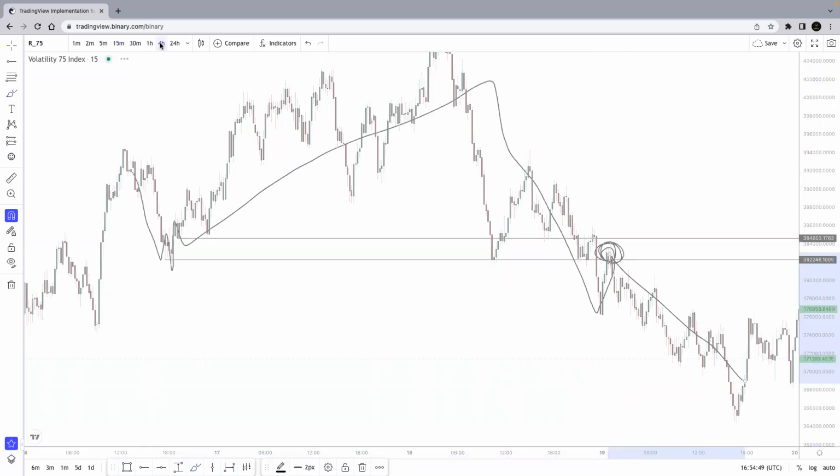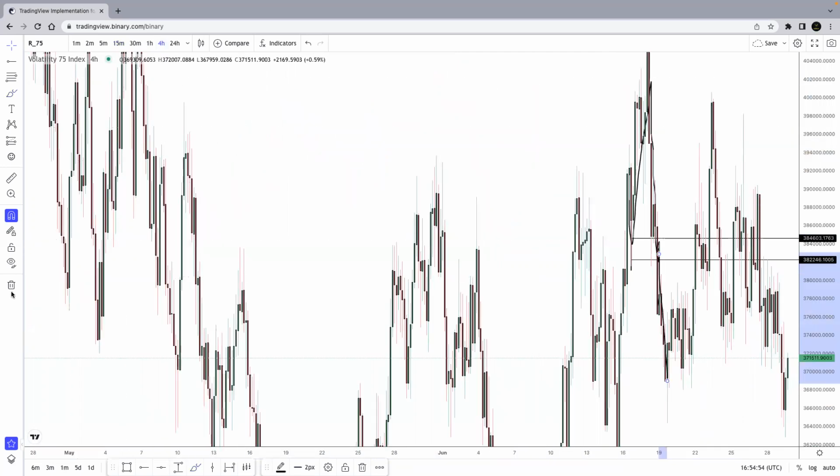Let's also look for another example. Let's try the 4-hour time frame.